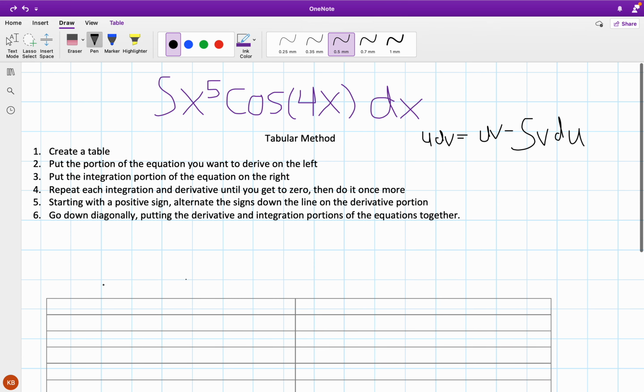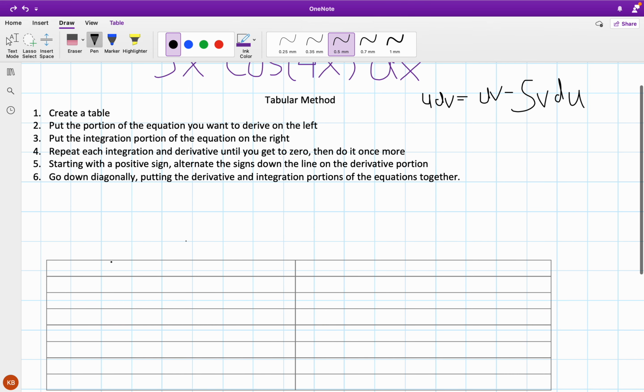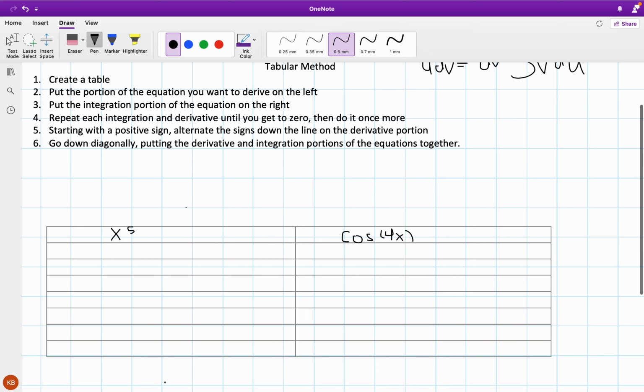So, like I said, the portion of the equation we're going to derive is x to the fifth, and the portion we want to integrate is cosine of 4x. We'll just start deriving all the way down the line. The derivative of x to the fifth is 5x to the fourth.